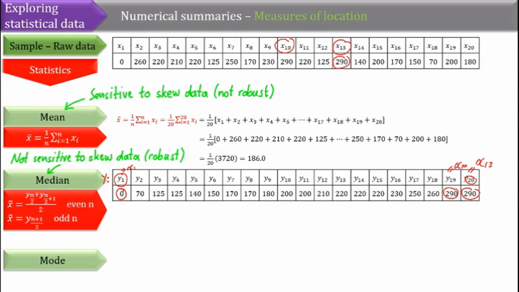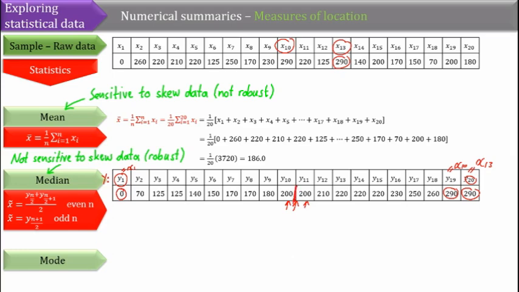Now, first thing is that the median is the middle point. Now, this calculation over here will be for when we have an even number of observations, like we do in this case, we have 20 observations, and this one will be for an odd. It's very easy to actually find it. The middle point, we'll count 10 from the left, and we will count 10 from the right. So here we'll have the middle point of the data.